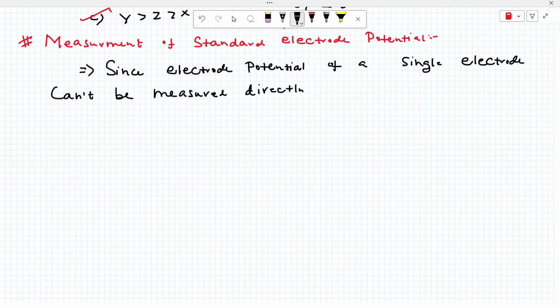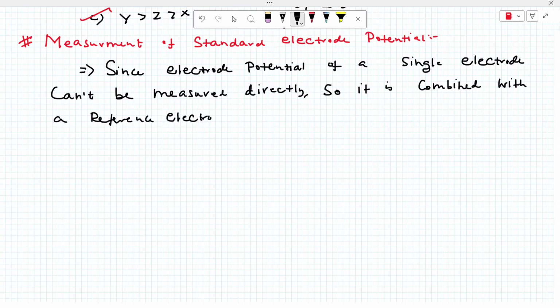So it is combined with a reference electrode. What is a reference electrode? One with a known electrode potential.